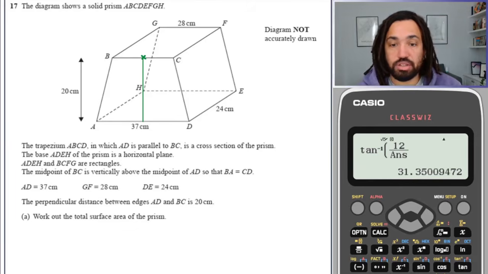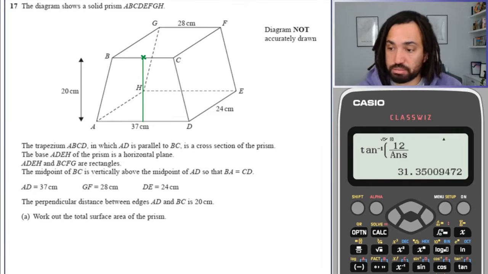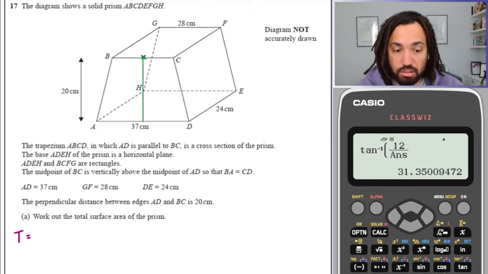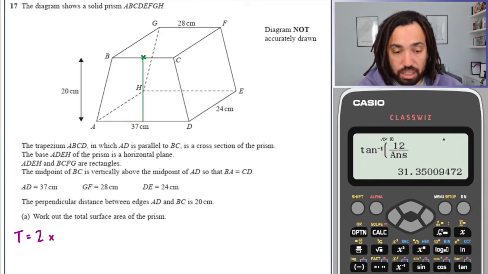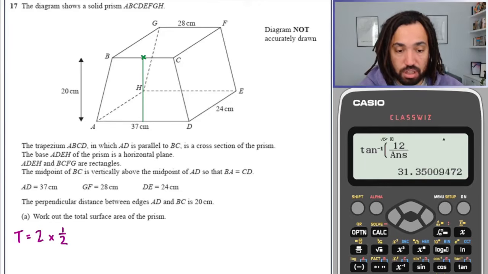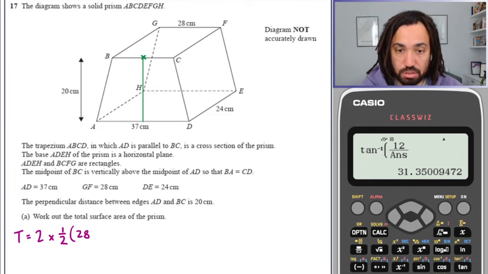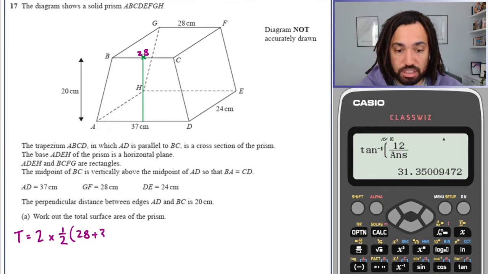Okay, so what we'll need to do first is work out the trapeziums. There are 2 of those trapeziums, one at the front, one at the back, so let's call it T for trapeziums. To work out the area of a trapezium, it is a half of the 2 parallel sides added together, which will be 28, because 28 is BC, the same as GF, plus 37, because that's the other parallel side down the bottom.